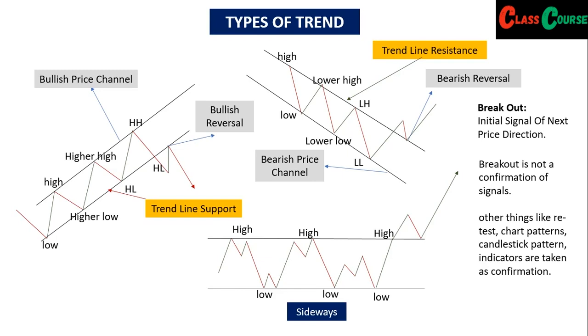Some might go directly for the breakout if the market is creating a breakout, some might wait for the retest, some might look for a candlestick pattern, some for chart patterns as well, and some might use an indicator. It might be RSI, it might be EMA, anything, right? So this is how the trends are there in the market. Either it is an upside trend, a downside trend, or a sideways trend.